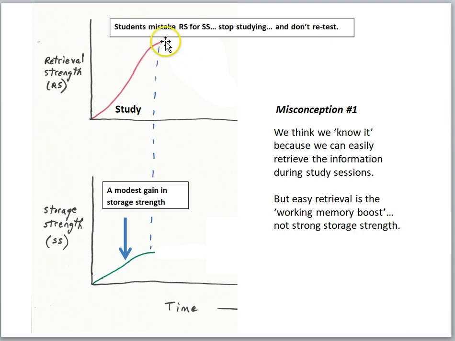When we engage in studying and we think we have easy access, we do have easy access to the information, we may inappropriately conclude that we actually have high storage strength, when in reality we're only going to be making modest gains in storage strength after that initial learning episode. So we don't want to confuse high retrieval strength and think that it means high storage strength.